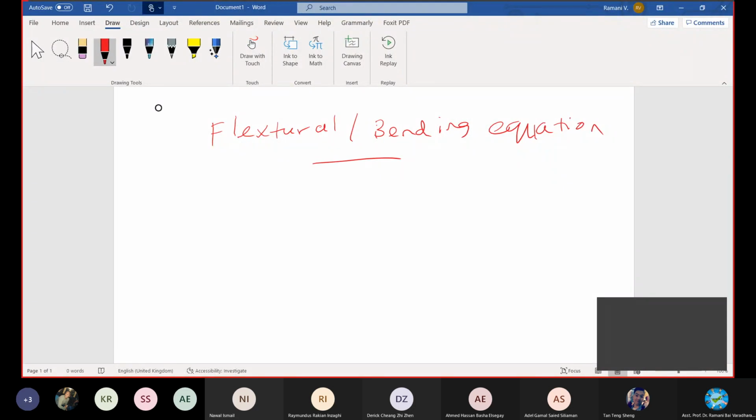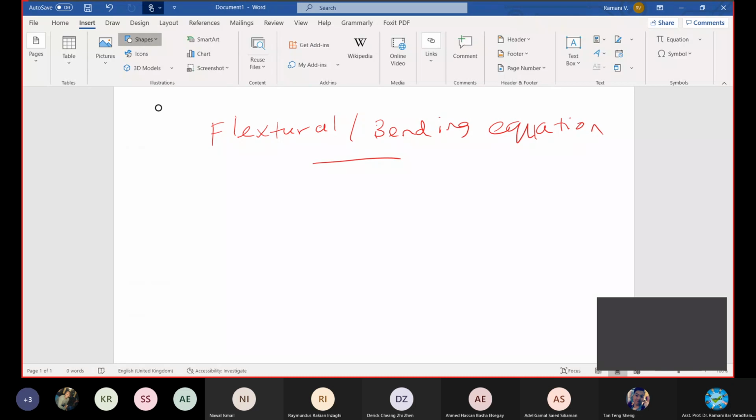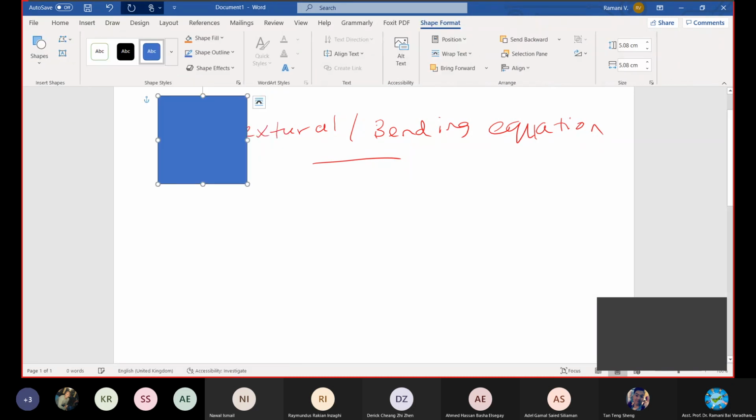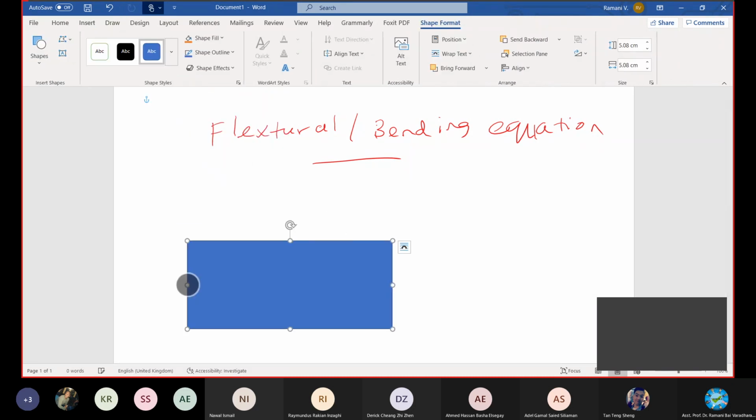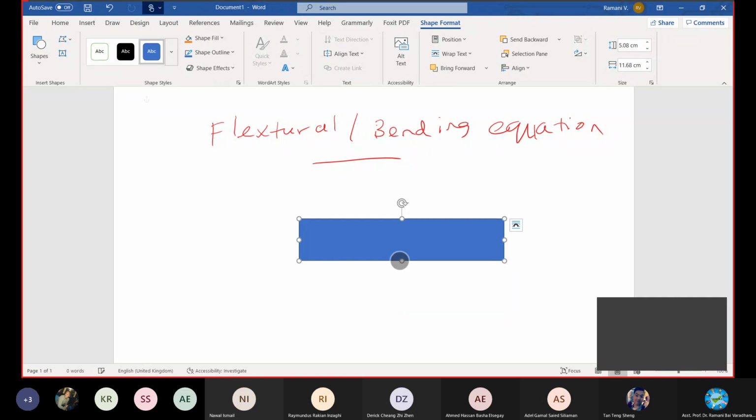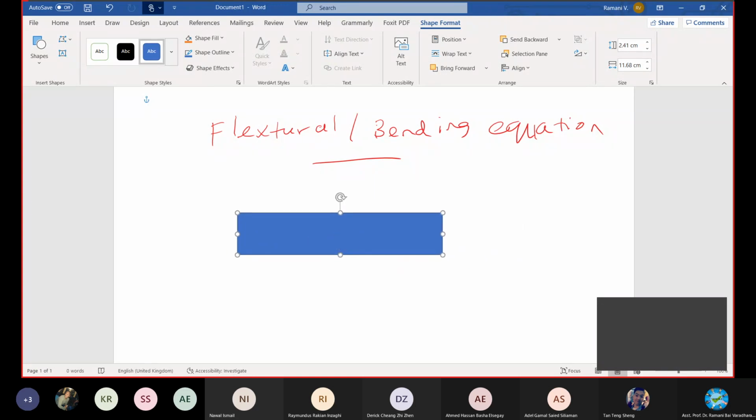I'm taking the member, a square member. I just insert the member, a shape. Let's take this member of so and so length and depth. Just showing the cross section of a member, a cut section of the member. Once you apply a load, or any type of moment at the ends, it will tend to bend like this. Correct?